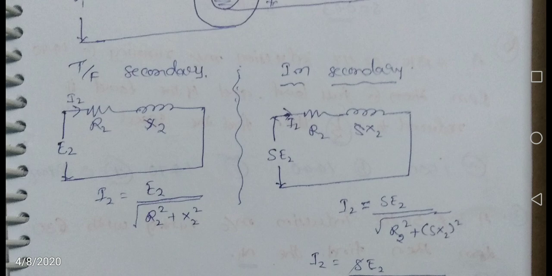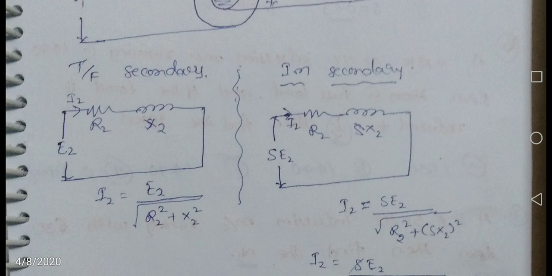This equation is written from the circuit. As we know from Ohm's law, current equals EMF by impedance. Because it is an AC circuit, impedance is in the denominator.